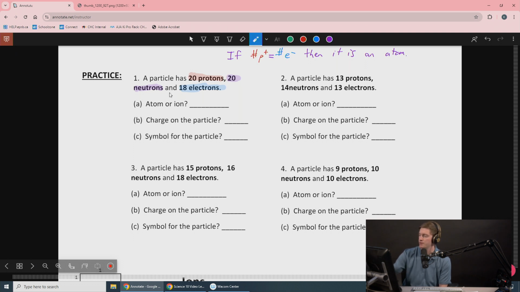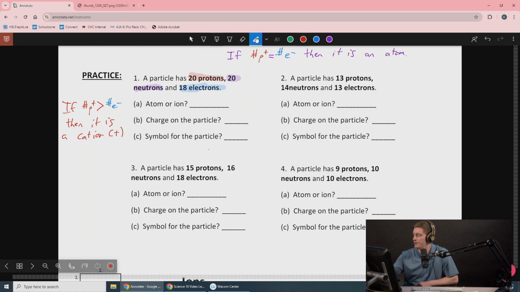For this particular example, for number 1, if the number of protons is greater than the number of electrons, then it is a cation. Which, remember, I like cats, so that's positive ion.